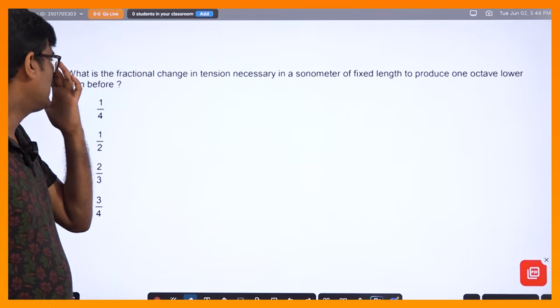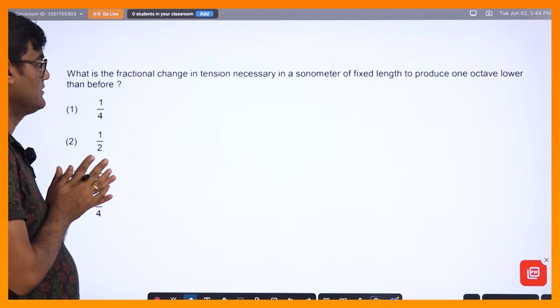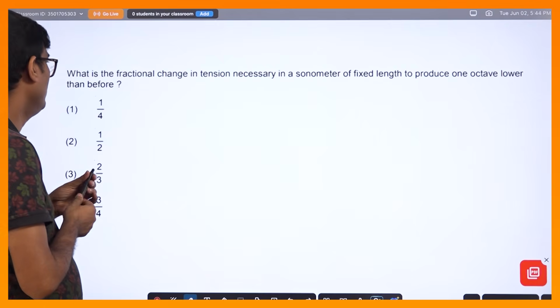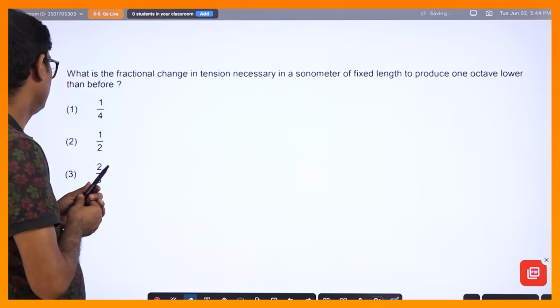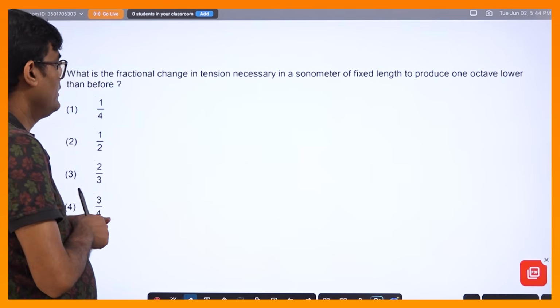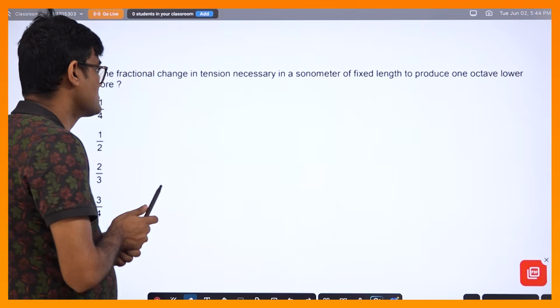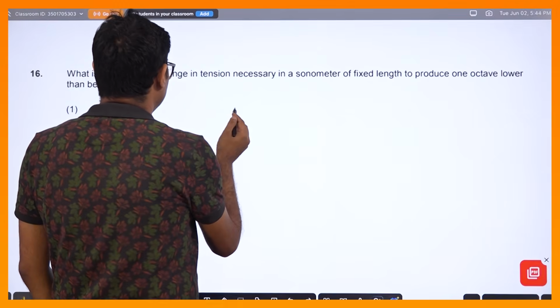What is the fractional change in the tension necessary in a sonometer of fixed length to produce 1 octave lower than before? Tension needed in a sonometer of fixed length. Fractional change in the tension.